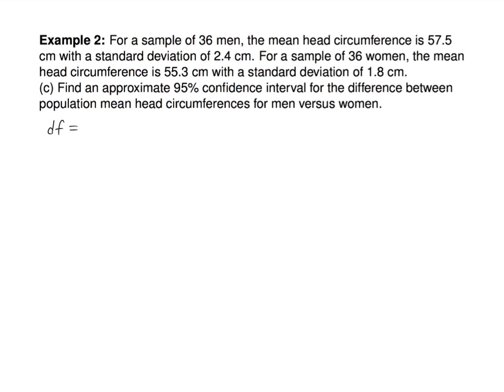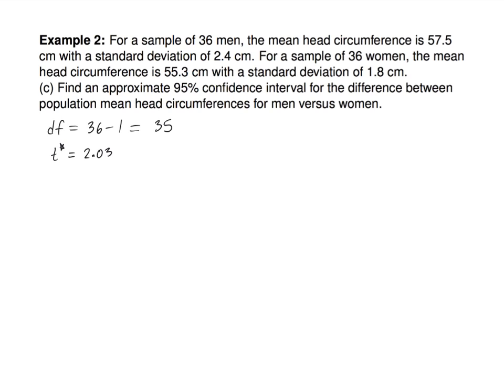But they're both the same, so it's 36 minus 1, which is 35. And 35 is not on your list, but 30 is, and so is 40. So it's always over 3. Let's use 2.03 in that case, since it's an average of these two values. So T star is equal to 2.03.